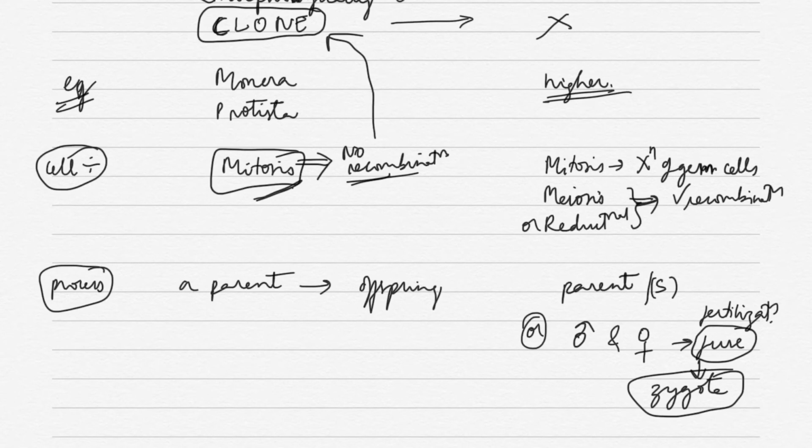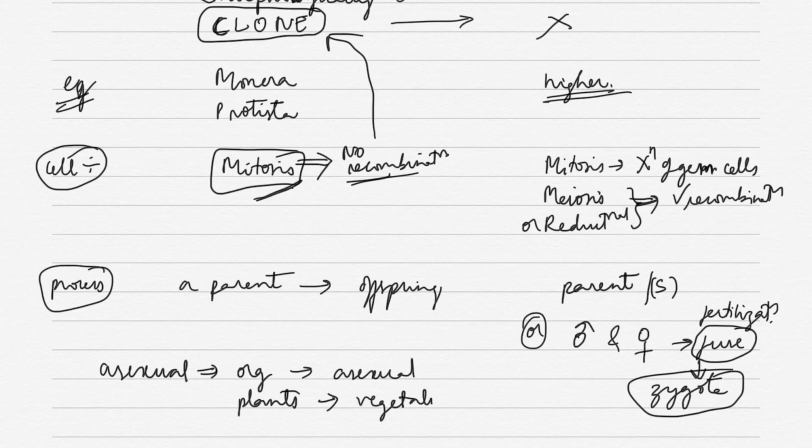So there is variation. Asexual reproduction, when it is seen in organisms, it is called as asexual reproduction only. When it is seen in plants, asexual reproduction is called as vegetative reproduction.